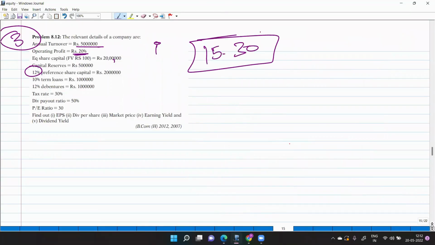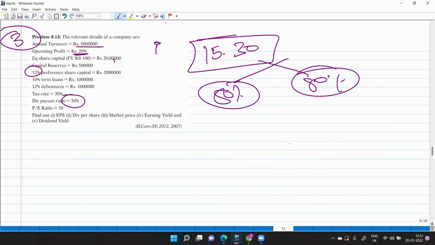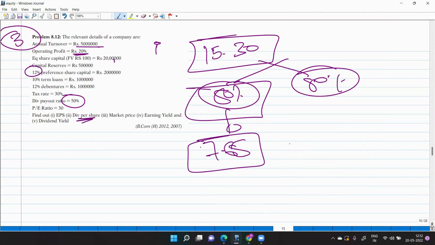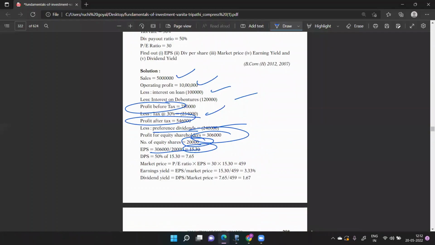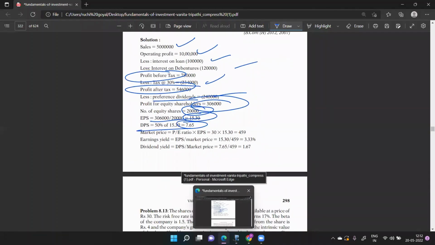This is the earning. Now in the earning, I am paying only 50% and I am retaining 50%. So my dividend payout is 50%. If I take 50% of 15.30, it will come out to be 7.65 dividend per share. So I am multiplying earning per share into 50%, and what I get, 7.65, is the dividend per share.